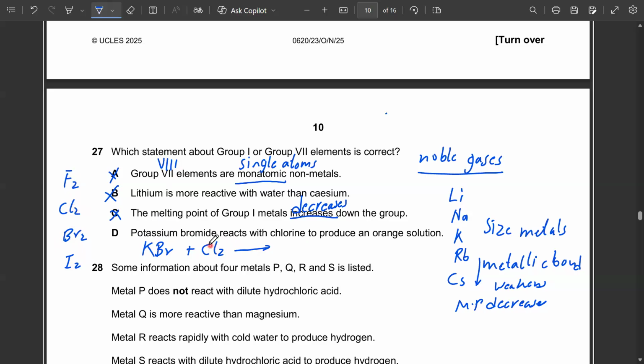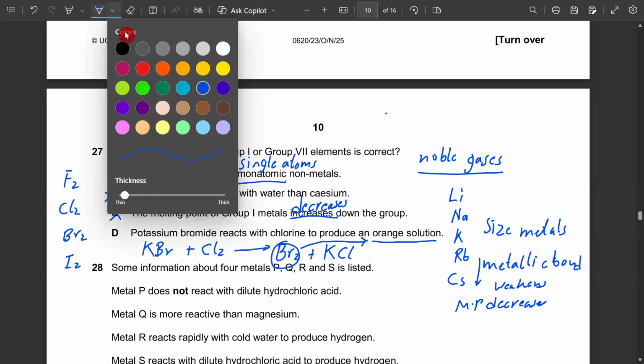So Cl2 can displace bromide from its solution, forming Br2 and KCl. And Br2 is exhibited as an orange solution. So that is why D is the correct option.